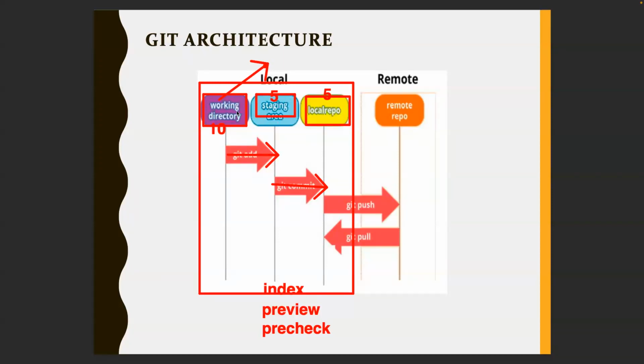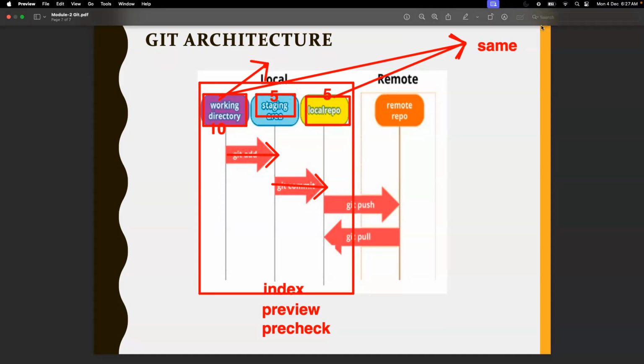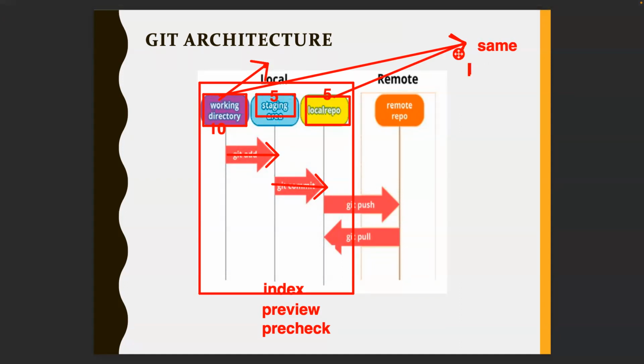Strictly speaking, this working directory and this local repository is physically one and the same folder. It is the same folder. Yes, if you are a Windows person, yeah, it's the same folder. If you are on Linux, it's the same directory or folder you call it, right? So it's the same folder. Then how come you say local repository and working directory if it's the same folder? It is the same folder physically, but logically they are different.